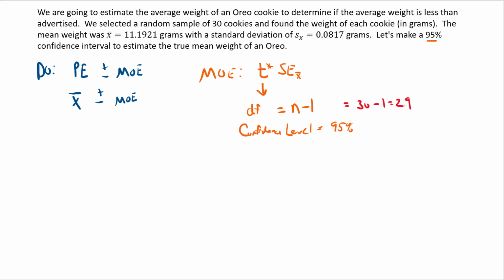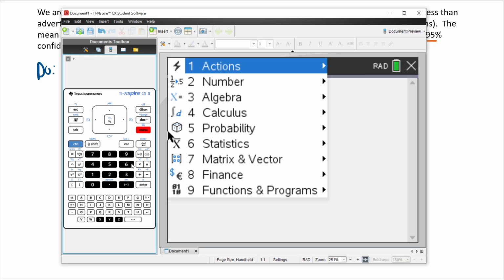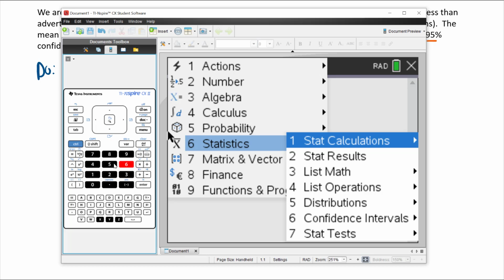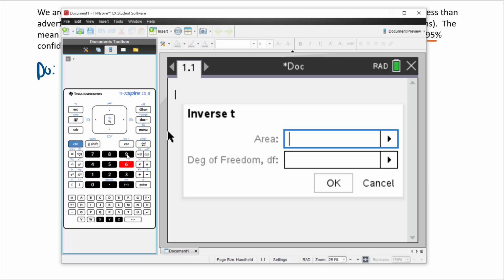To do this, if you have a TI Inspire, to find your t star, you're going to go to menu, 6, 5, 6. Let's see what that looks like. You can simply go in here: menu, 6 statistics, 5 distributions, and 6 for inverse t. Now it wants to know area and degrees of freedom.